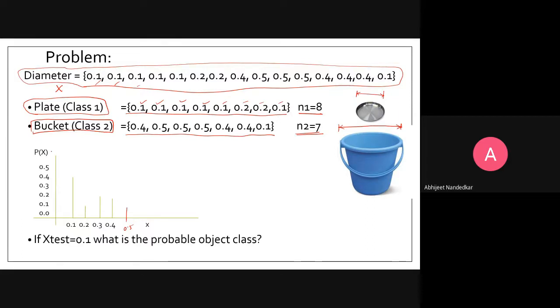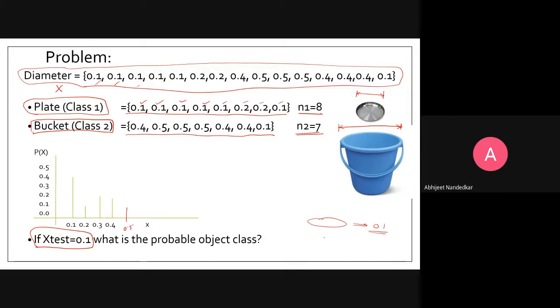Now the question is, if X test is 0.1, and some new object comes to the computer, I don't know what this is, but the computer wants to find out what this object is. So what is the procedure? You measure the diameter of the new object, and the diameter is found to be 0.1.